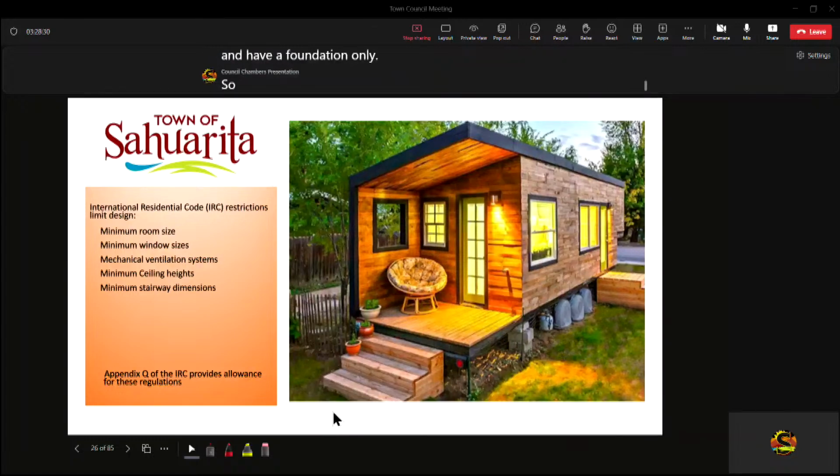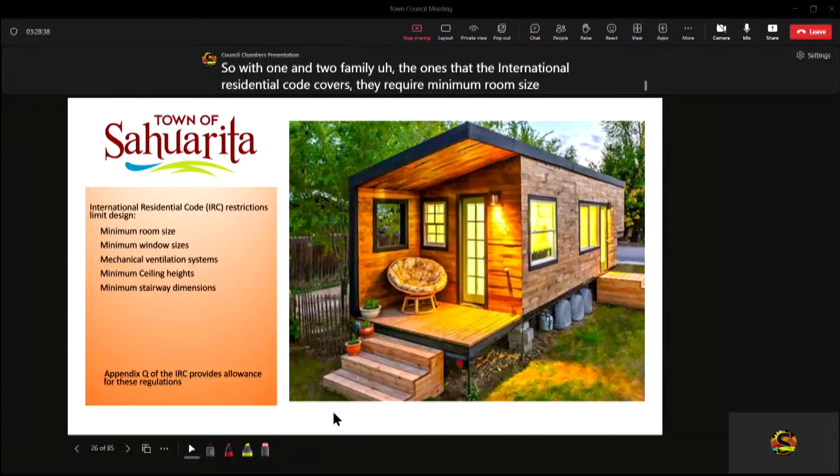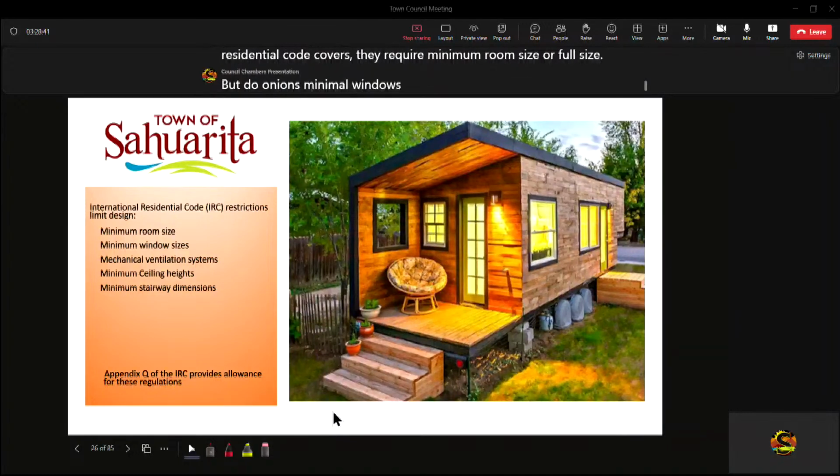So with one and two family dwellings that the International Residential Code covers, they require minimum room size for full-size dwellings, minimum window sizes, mechanical ventilation systems, minimum ceiling heights, and minimum stairway dimensions. With Appendix Q, the IRC regulates the tiny houses, and it gives them not as strict parameters, so the design can be associated with a tiny home.